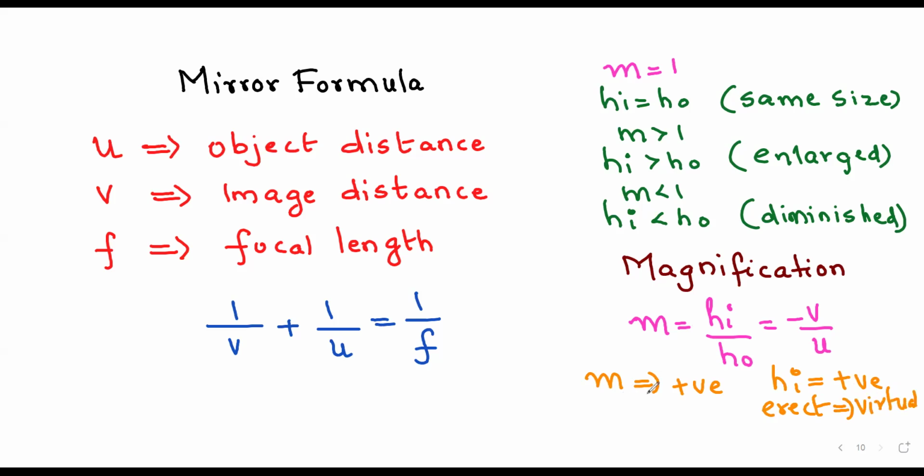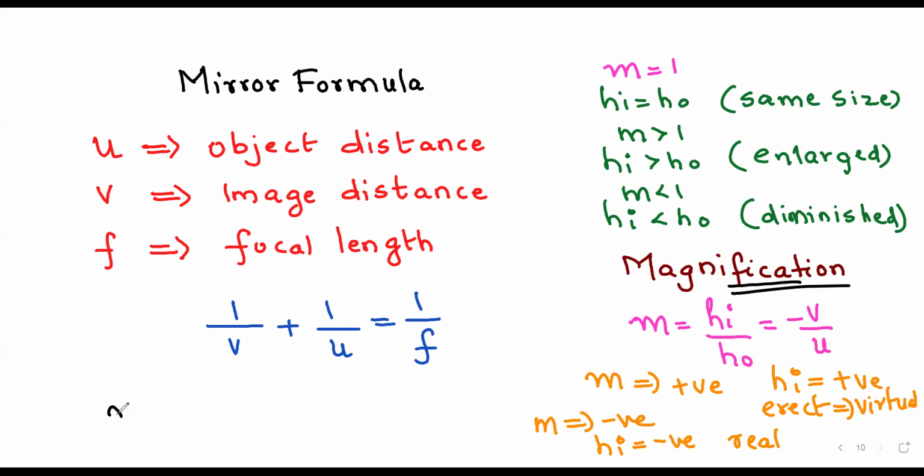So if the magnification is positive, it is a virtual image. If magnification is negative, your HI will be negative. HI negative means it is inverted, so you get a real image. These are the things we understand from the magnification of a mirror. By seeing the magnification, you can understand what type of image it is.